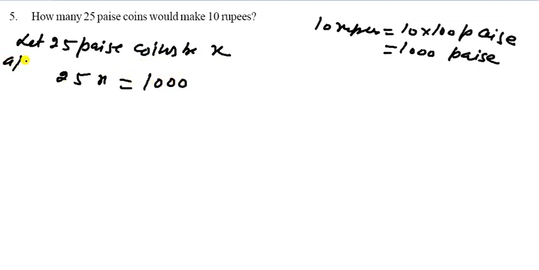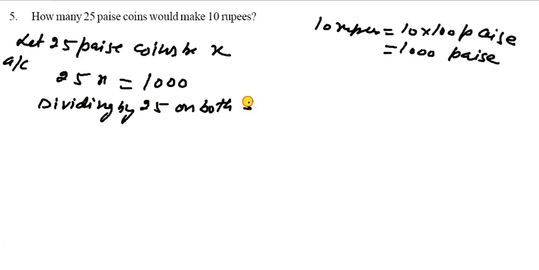So you can say in short, A by C, that is, according to the question. Now dividing by 25 on both sides. So it will be 25 of x upon 25, and here is 1000 divided by 25.